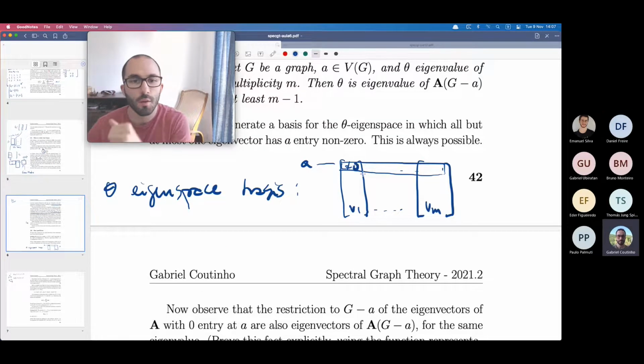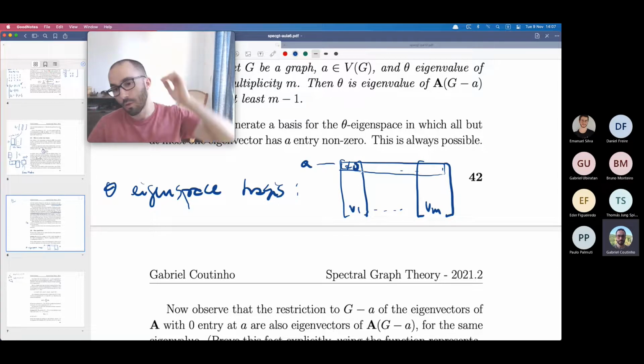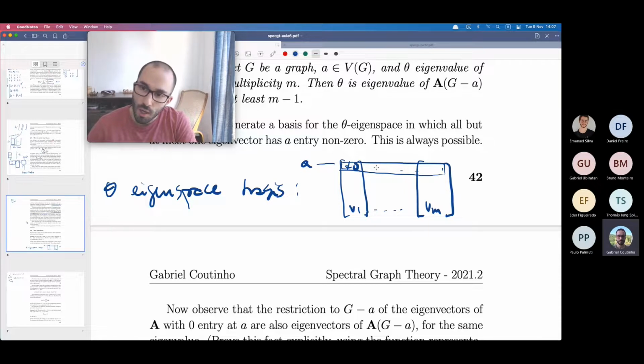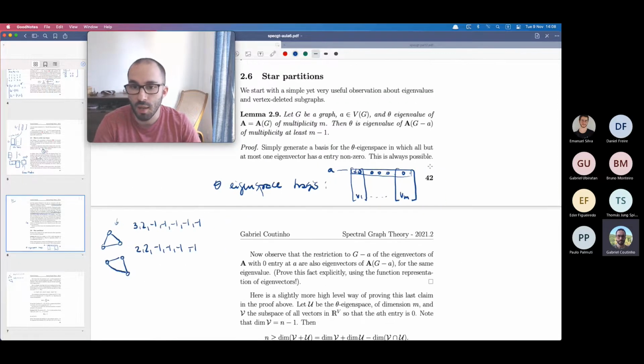Simply use your favorite procedure to find linear combinations of these columns so that all the entries in these other vectors are zero. Simply add a multiple of the first vector to the next. These are still going to be linearly independent, but you have just found an eigenbasis for this eigenspace in which only one eigenvector has an entry different from zero. All of the others have an entry equal to zero.